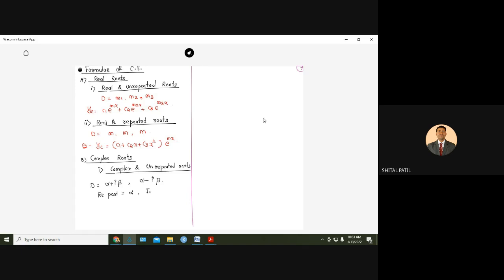What is the imaginary part? It is not i beta, it is beta only. Whether you consider plus beta or minus beta doesn't matter. Therefore, I have considered it as beta only. And in this case, the complementary function is c1 cos of beta x plus c2 sine of beta x, into e raised to alpha x. Next.